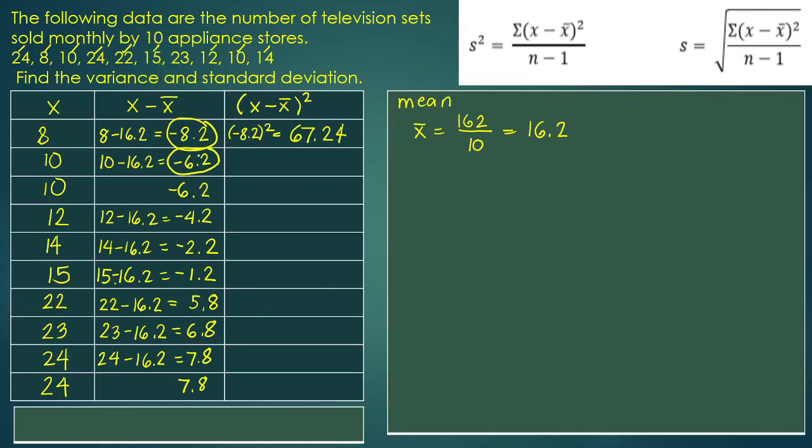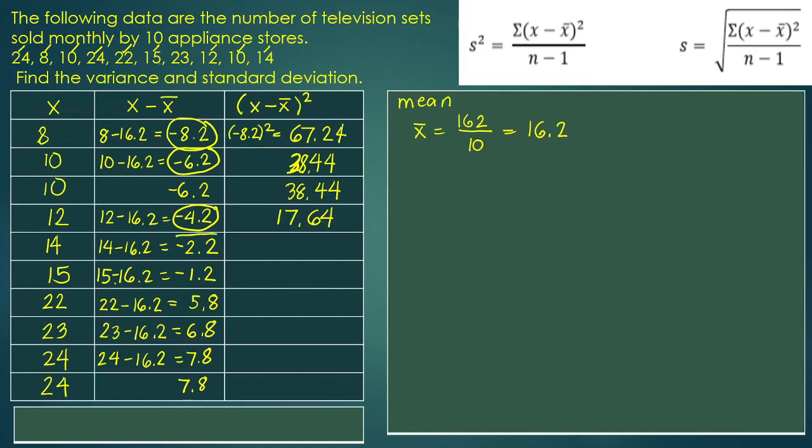What is 6.2 squared? 38.44. The same with that, 38.44. What about 4.2 squared? 17.64.